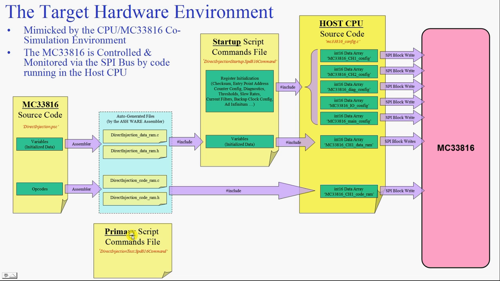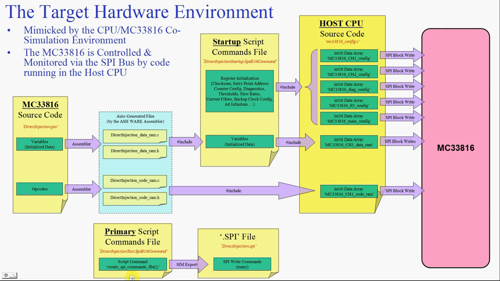However, it is possible to export this file using the script command create SPI commands file, which creates a .spi file. This too could be included into the host CPU source code to generate a series of SPI word writes and SPI word reads. In fact, this is the method we use to conformance test our MC33816 simulated model against the actual MC33816 hardware.